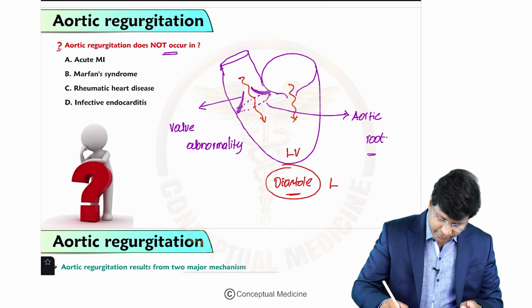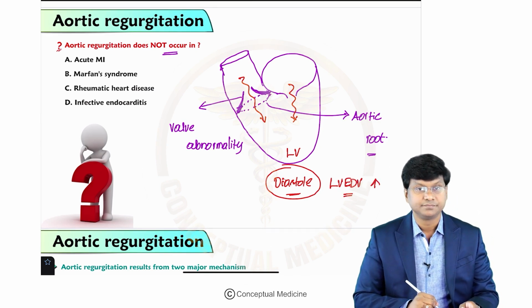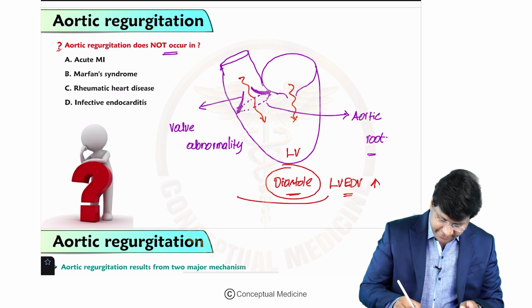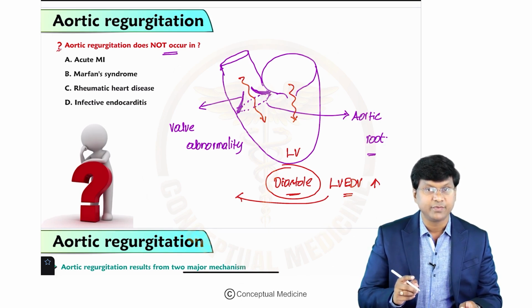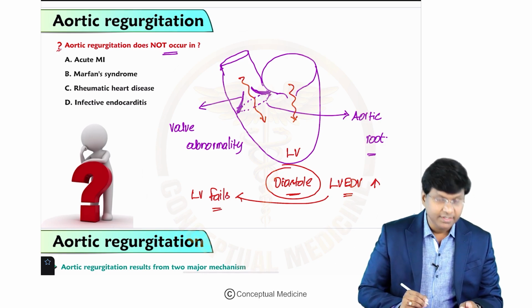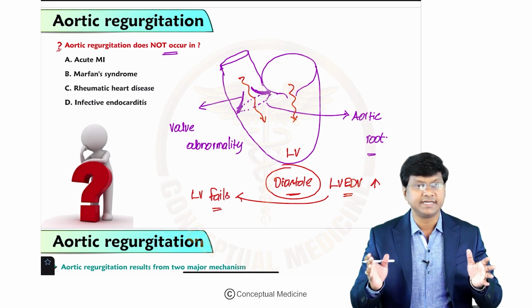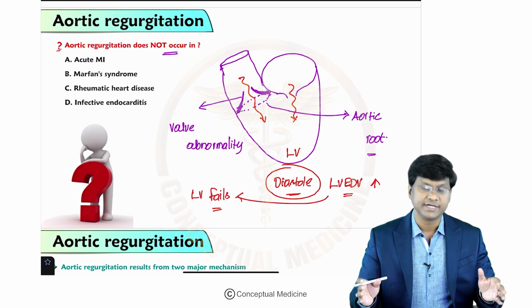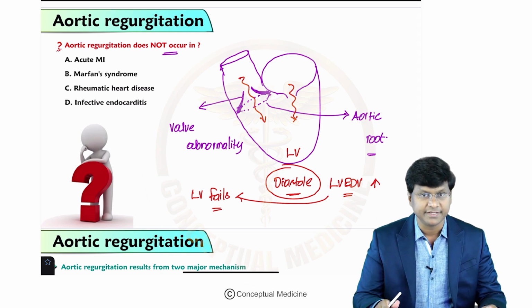So what will happen to the LV end diastolic volume? The LV end diastolic volume is increased, right? So once this LV end diastolic volume increases, the left ventricle gets dilated for a longer duration of time and gets enlarged, and at one point of time the left ventricle fails.